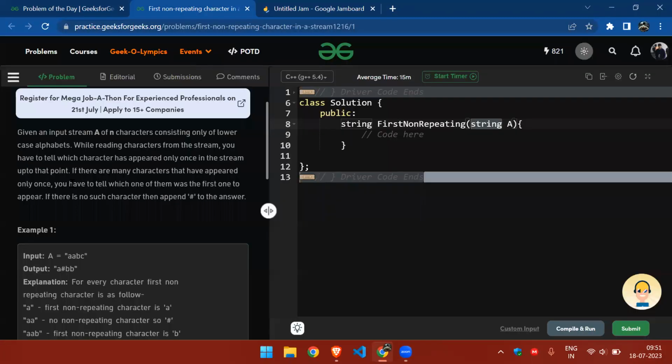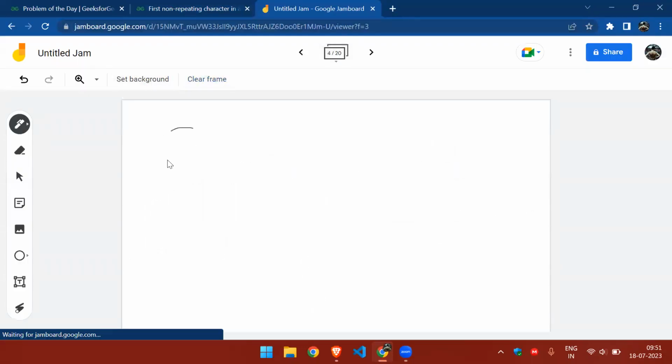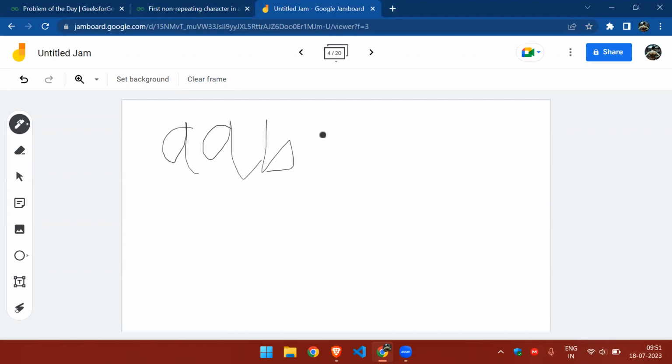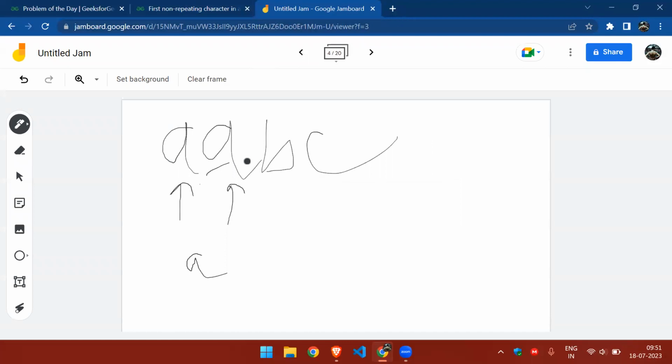Let us look at the very first test case, A, A, B, C. First this A comes in as input, so we have A as our answer. Next, this A comes in. This is a repeating character, so we can't include it in our answer.